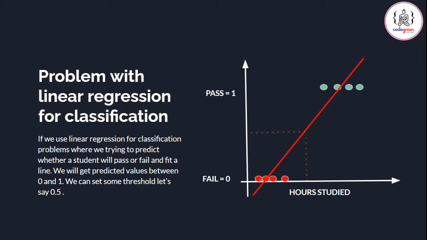So we decide this point here, let's say. Anything below this is going to be considered fail, and anything above this is going to be considered pass. So here we have drawn this line cutting through your threshold. Now this works fine here, right?